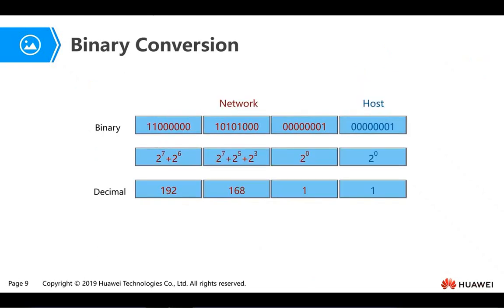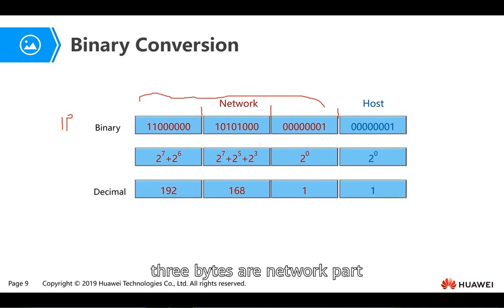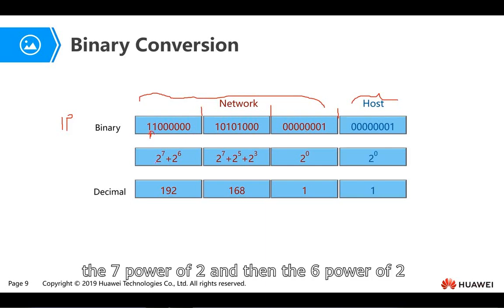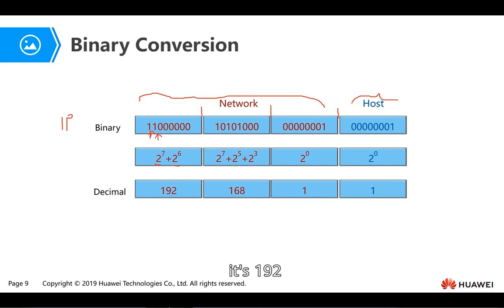And then in the IP address, for example, this is the IP address. It has 4 bytes, where 3 bytes are the network part and 1 byte is the host part. How do we calculate this? We see 2 to the power 7 plus 2 to the power 6, and we can calculate that this is 192.